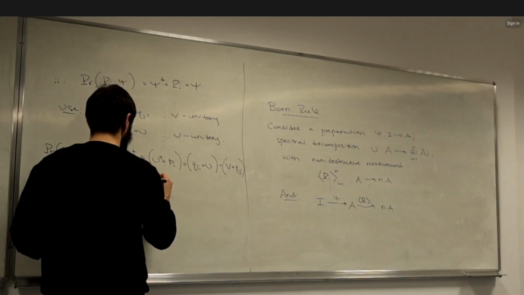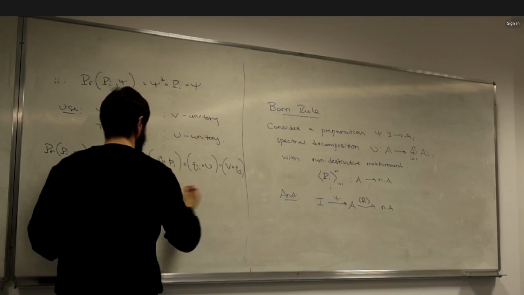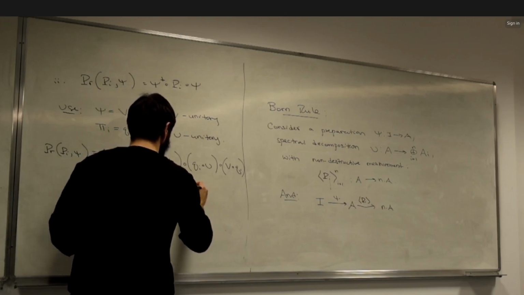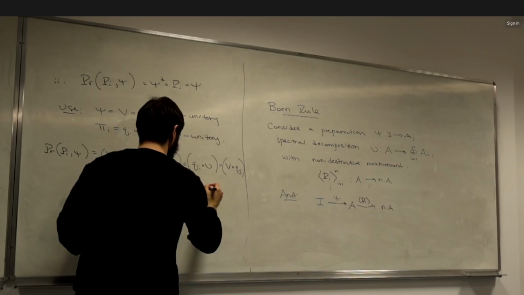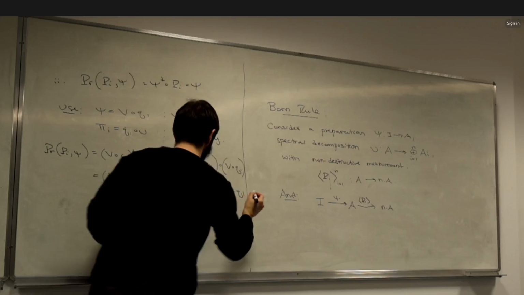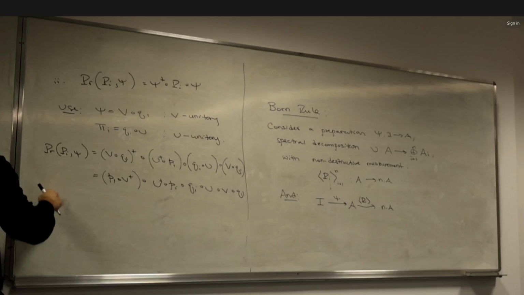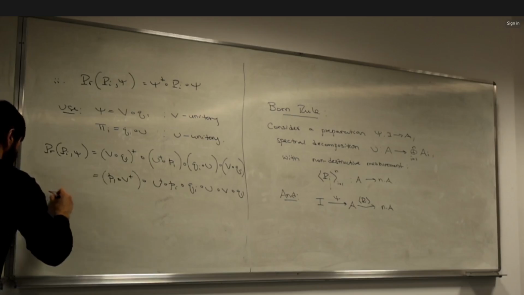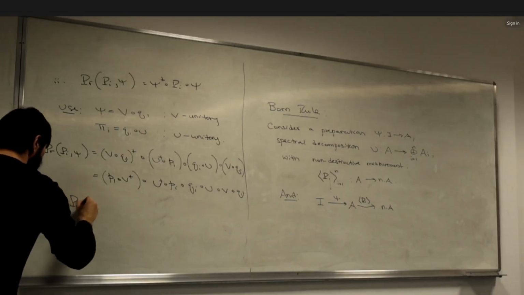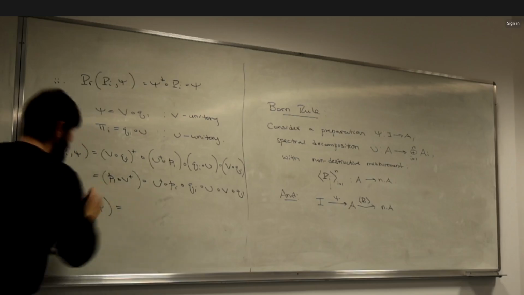Okay, so now we have U dagger PI, QI, U, V, Q1. Okay, so now we're going to sum over this I equals 1 to n of PR, PI, psi.